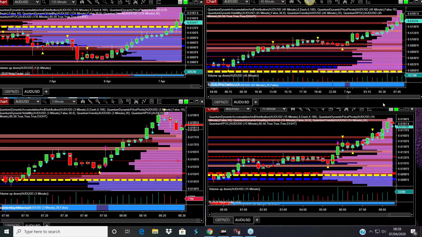But generally speaking, don't just use one. If you can't manage 3 to start with, have at least 2, and then have something like a 4-hour or a daily chart for the context of the move that is happening at the moment.